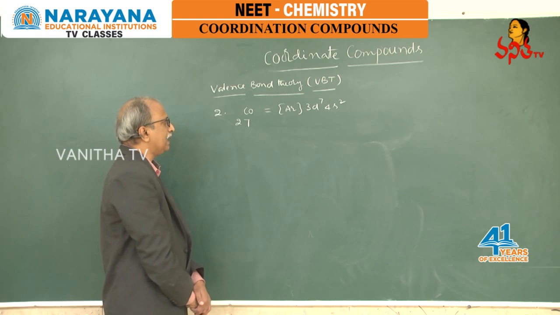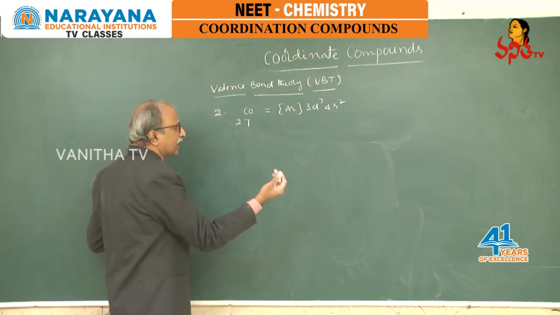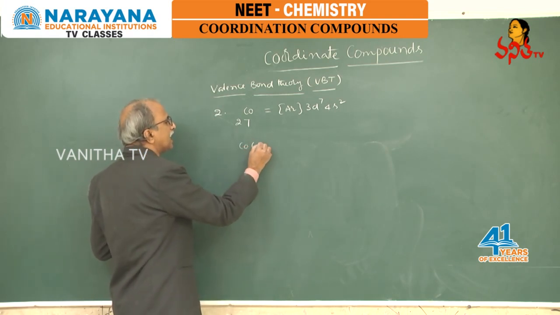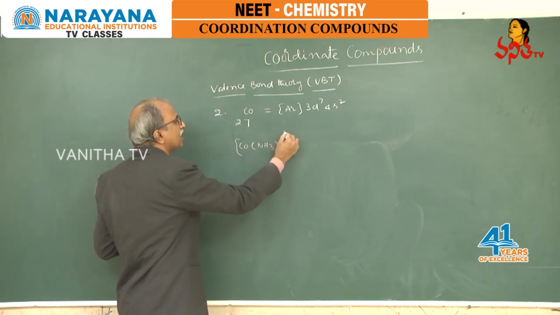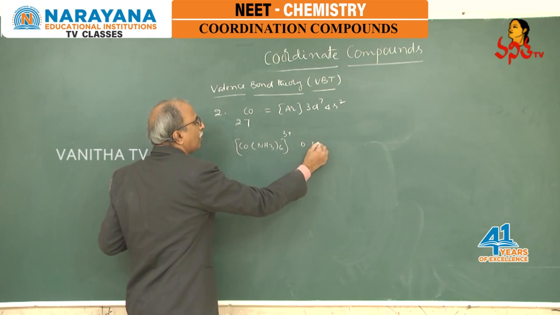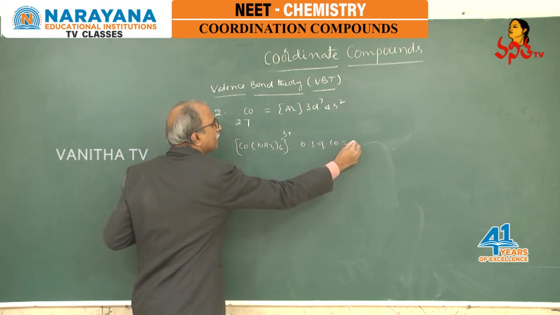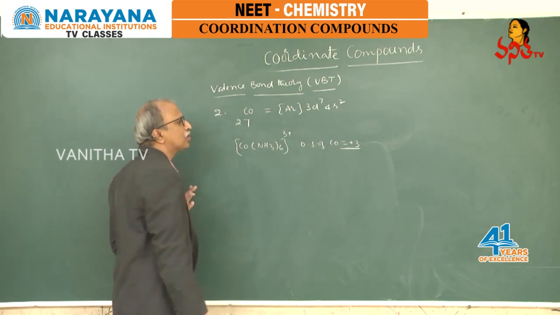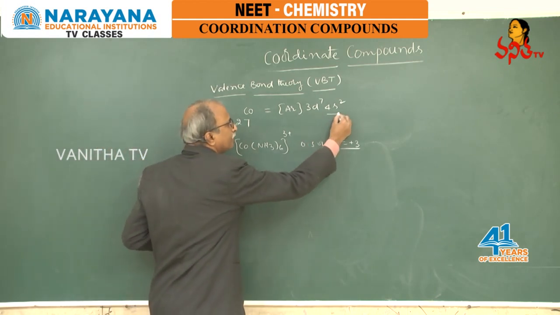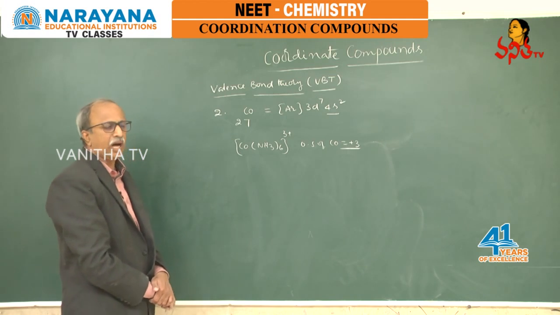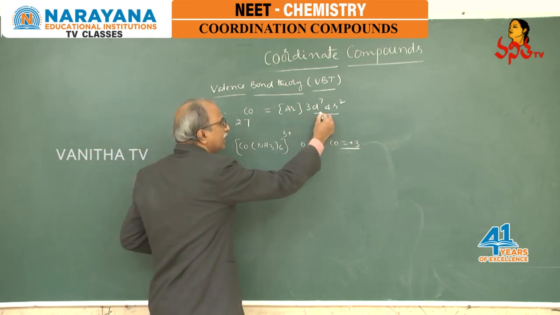Now in the complex we concluded, Co(NH3)6 with NH3 taken 6 times, 3 plus the oxidation state of cobalt is plus 3. So it is losing the outermost 3 electrons, 2 electrons from the s orbital and 1 electron from the d orbital.